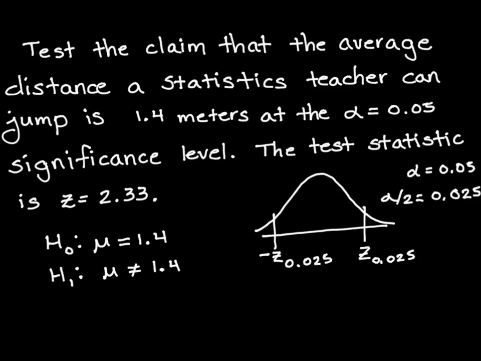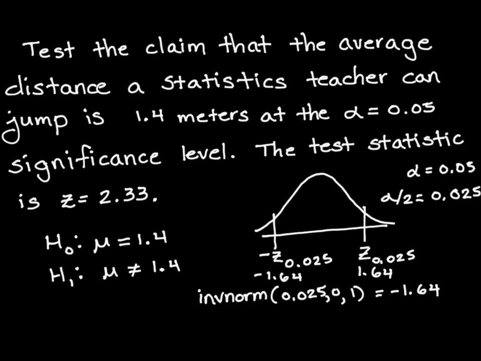So our critical values are z sub 0.025 and negative z sub 0.025. And we calculate those using inverse norm, and I get plus and minus 1.64 for the critical values.